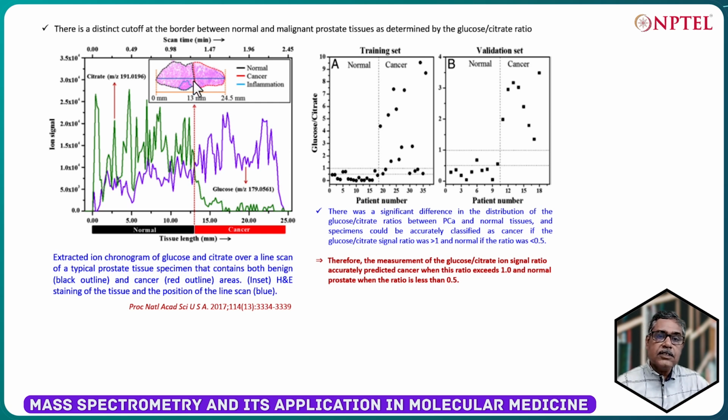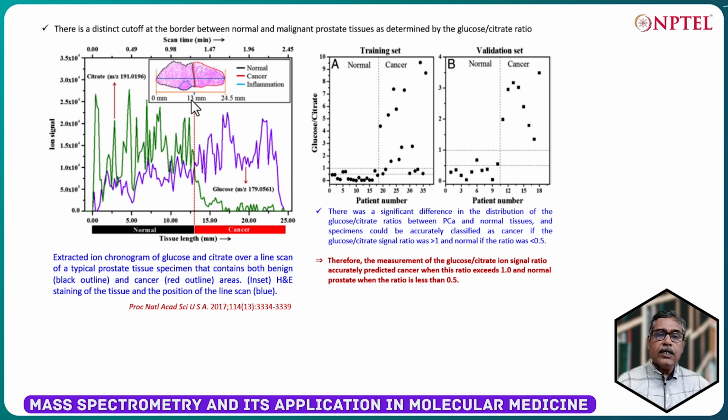See this line, this is the scan basically, and it contains the benign zone on the left side and the cancerous zone on the right side, and the H&E stained tissues show the position of the different tissues here. Now, this green line represents the concentration of citrate, and the pink one represents glucose.